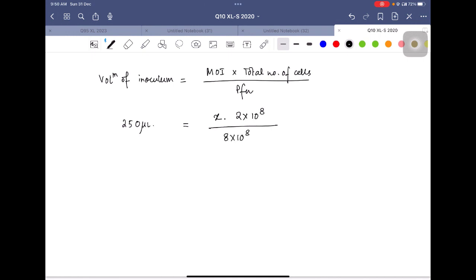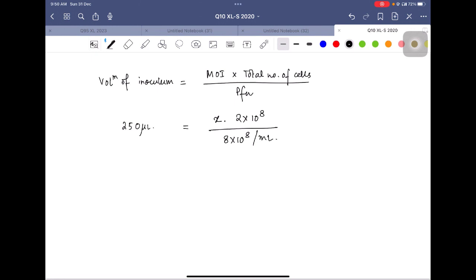Now we have to consider the units as well, so we have to put the volume of inoculum in the same unit and change it to ml. So 0.25 ml equals x into 2 into 10 to the power 8 divided by 8 into 10 to the power 8 per ml.